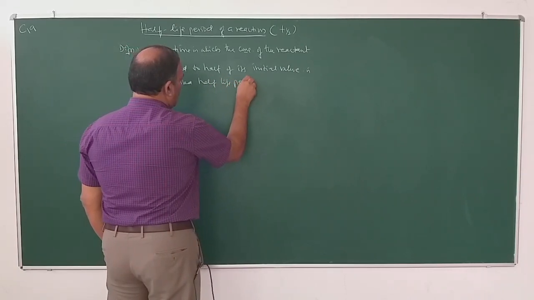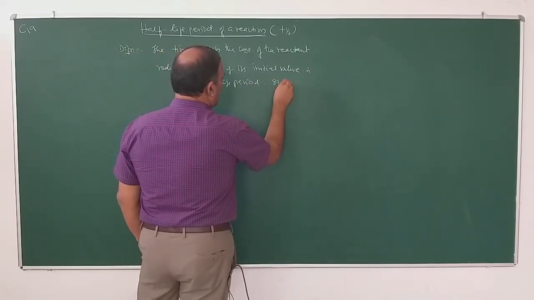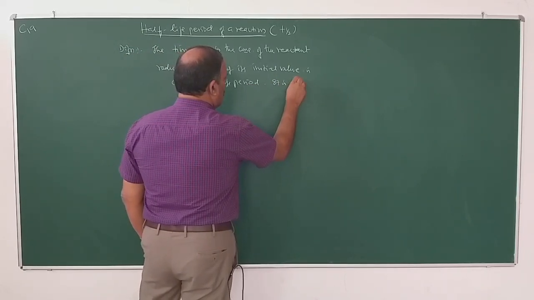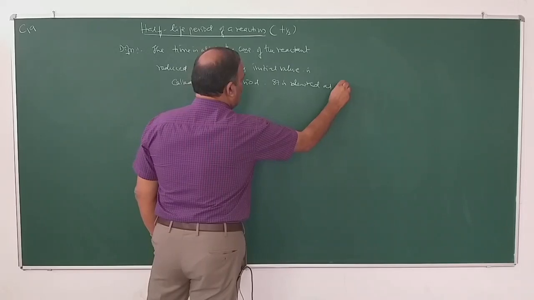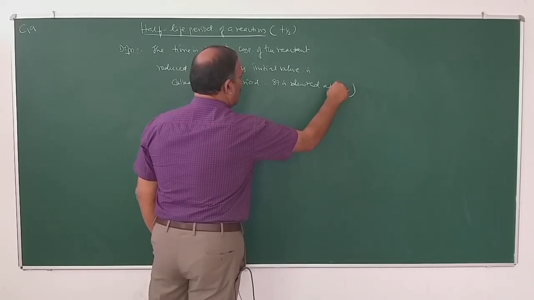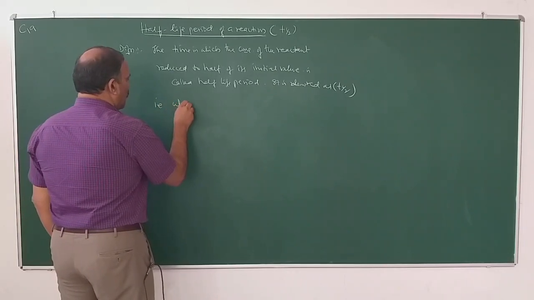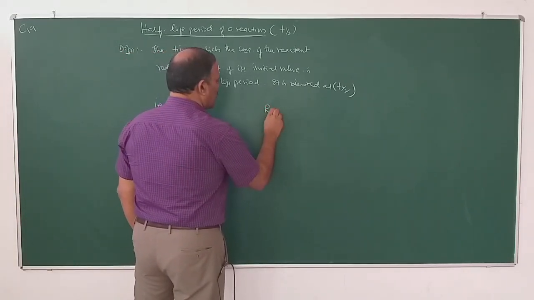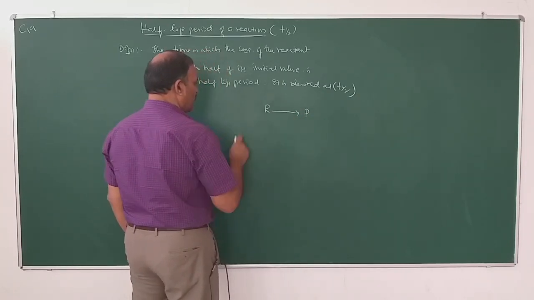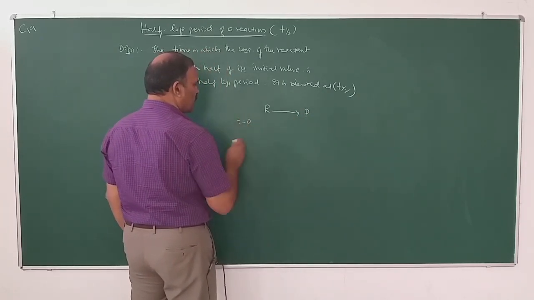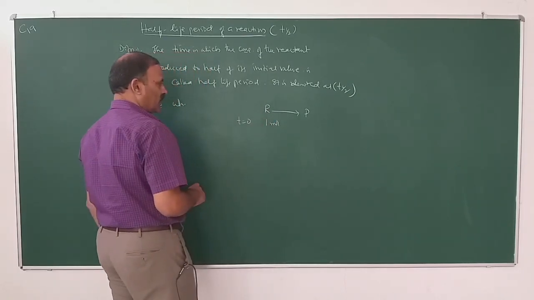It is denoted as t1/2. For example, this is a reaction, R gives P. When t equals 0, let 1 mole be the initial concentration of the reactant.